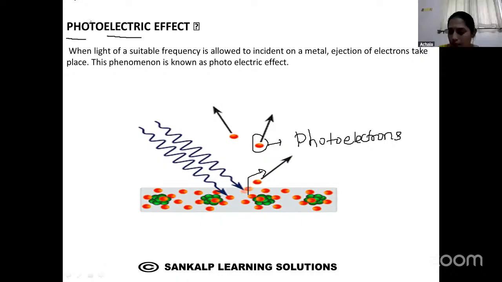This is photoelectric effect, and this cannot be explained using the classical concept given by Maxwell.